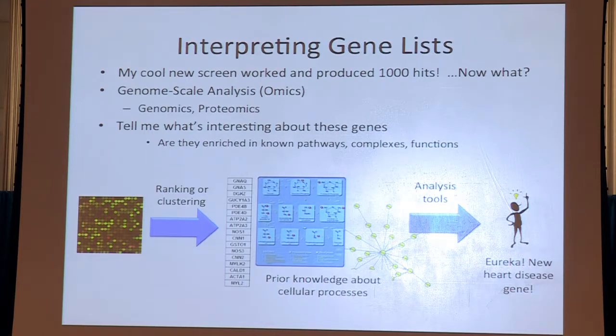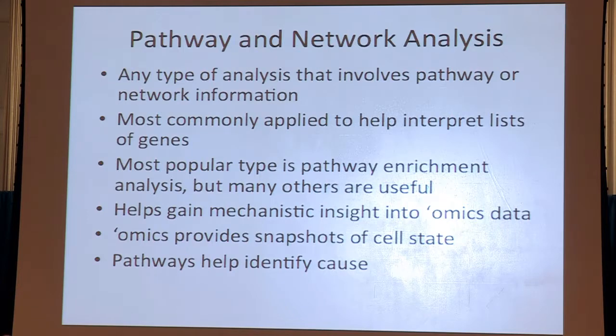And so I'll talk to you more about this. In general, I like to think of pathway and network analysis as any type of analysis that involves pathway or network information, of which there are a lot of different examples presented in this workshop. We most commonly use it to interpret lists of genes.